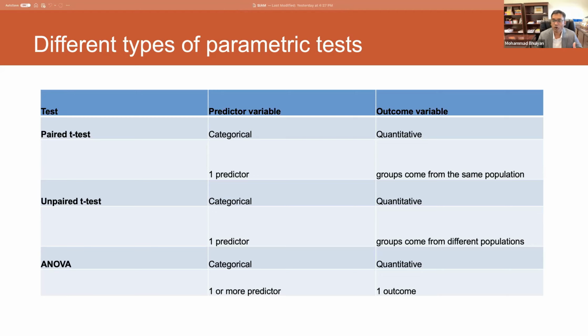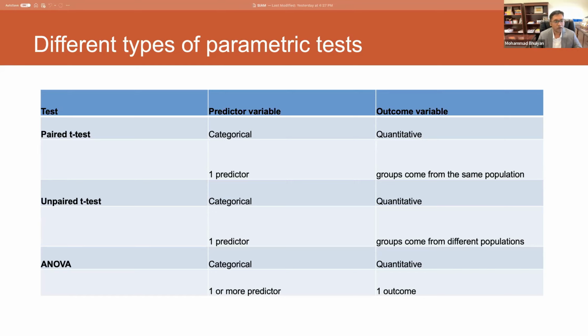The non-parametric alternative to this parametric test will be the Wilcoxon test. The Wilcoxon test will compare the median. So here in the paired t-test we are comparing the mean, and the non-parametric Wilcoxon test will compare the median.